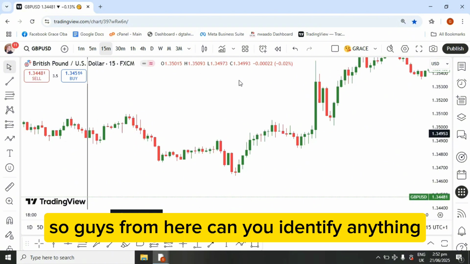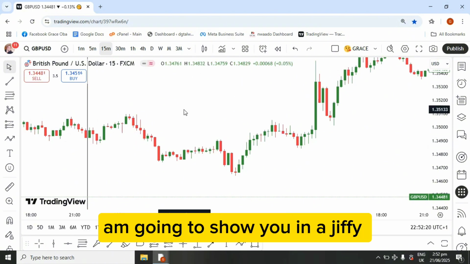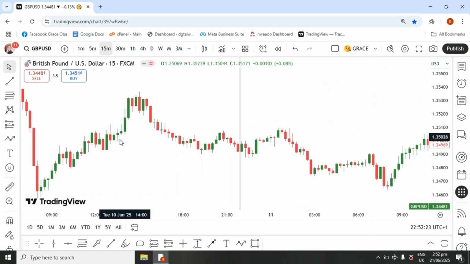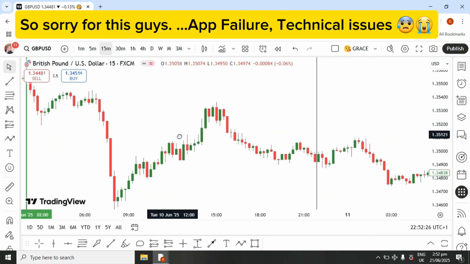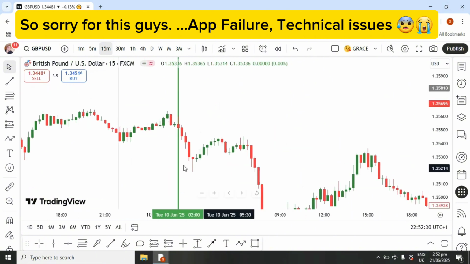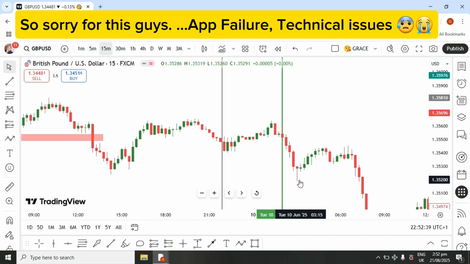So guys, from here, can you identify anything? If you cannot, I'm going to show you in a jiffy. Now let's move back into the chart. This is a downtrend. From here, it's a downtrend. It was creating lower lows and lower highs. This low is lower than this.